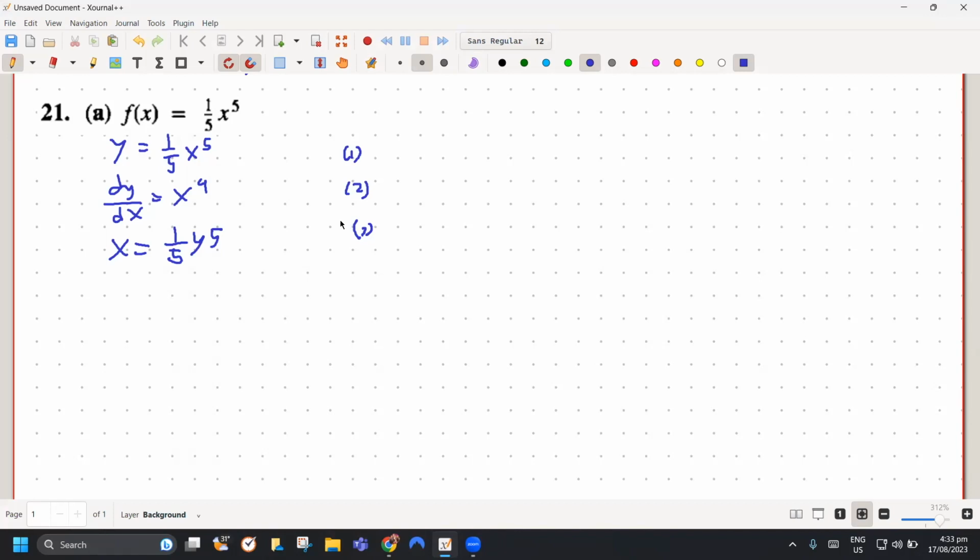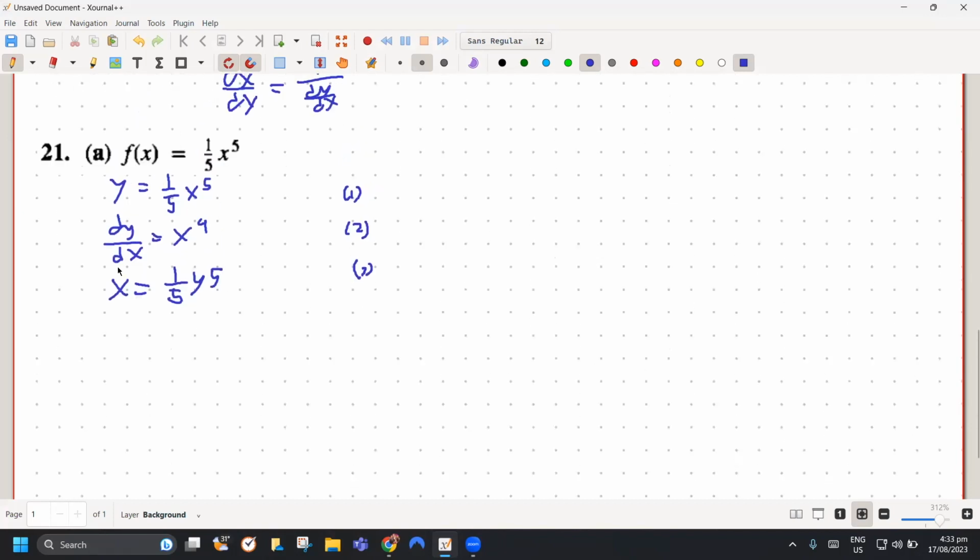So, hindi dapat maging x equals 1/5 y to the 5th. So, isolate x. Express x in terms of y. Start from equation 1, para mahanap natin yung inverse, yung expression na kailangan natin. So, burahin mo yung equation 3.